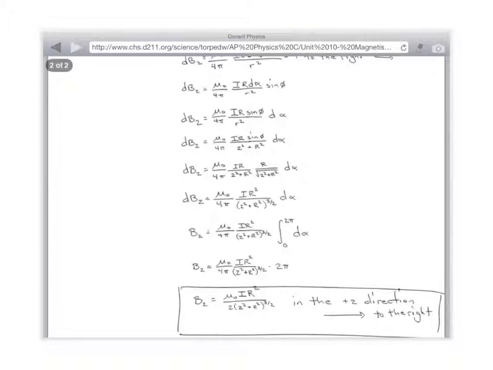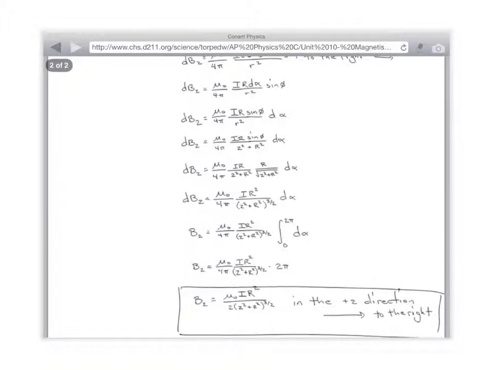So that was easy. The final result is mu naught I R squared, see, the pi's cancel, over 2 times quantity z squared plus R squared to the 3/2 in the z direction, which is to the right in this picture. And that's our final answer.